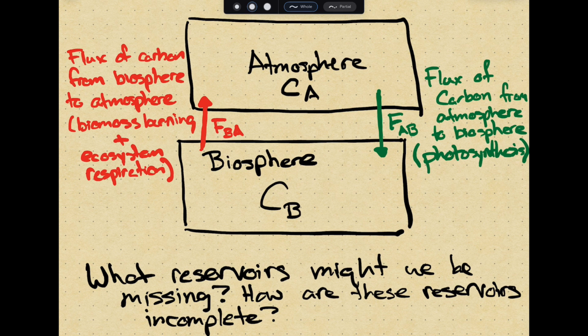So you can set the biosphere on fire, which will release CO2 through combustion, or it can respire. The plants, the microorganisms, the fungi can all respire, okay? So that is probably fine for now. Are there other fluxes?